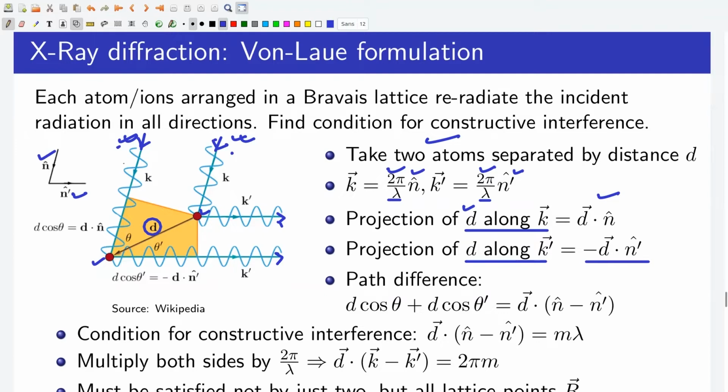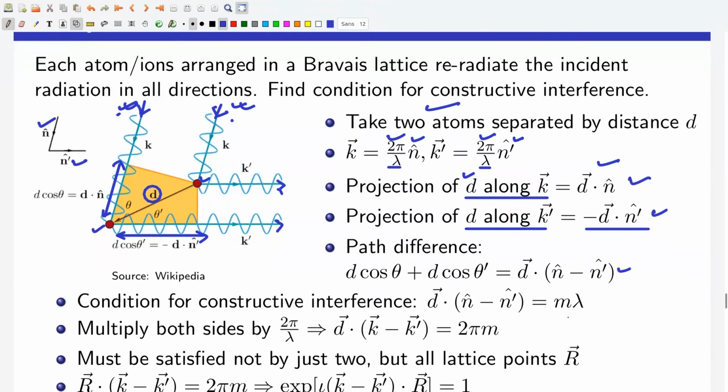The extra path that this wave is traveling is given by this plus this. We already found what that is: it is just the projection of d along this. Then we add these two terms to get the path difference, and that is given by this equation.